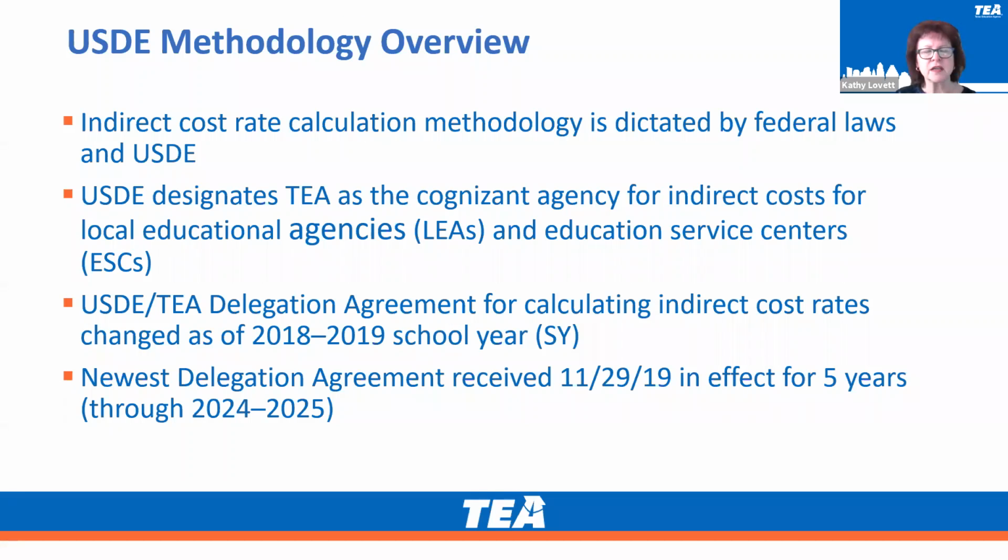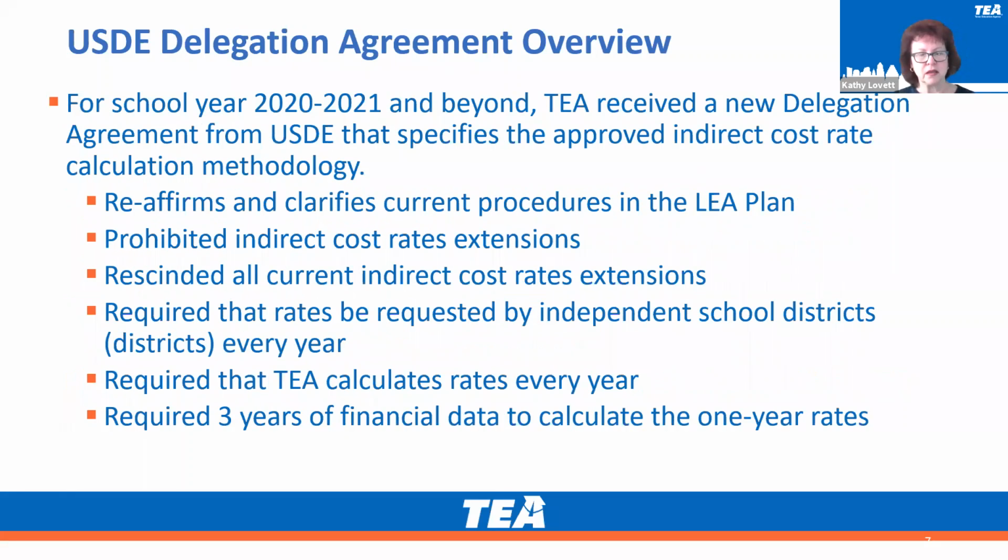So our current agreement with USDE and approval of our process will be in effect through the year 2024-2025. What the delegation agreement does is, as I said, dictate and approve how we calculate indirect cost rates.